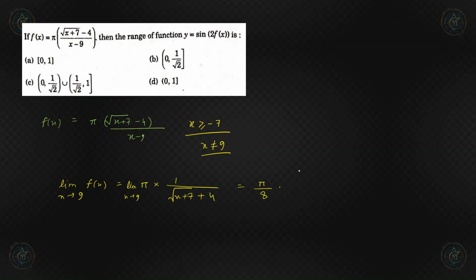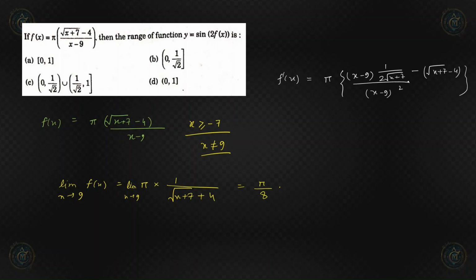Now let us check the nature of this function, whether it is increasing or decreasing, or has local maxima or minima. So we have to calculate the derivative of this function, f dash x. F dash x is pi outside, then (x minus 9) whole square, then (x minus 9) times 1 by 2 root of (x plus 7) minus (square root of x plus 7 minus 4) times the derivative of (x minus 9), which will be 1.